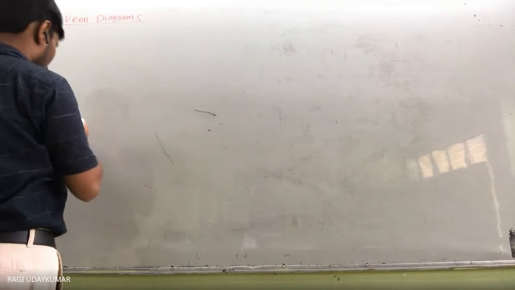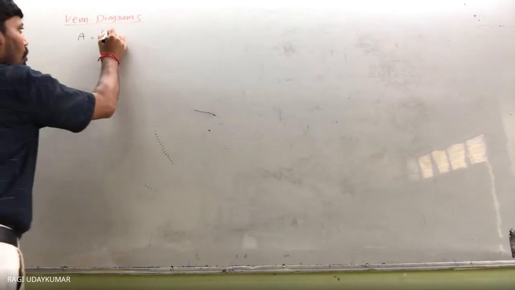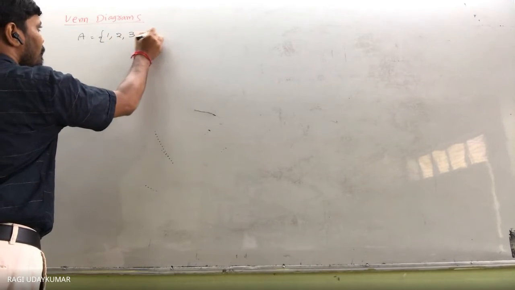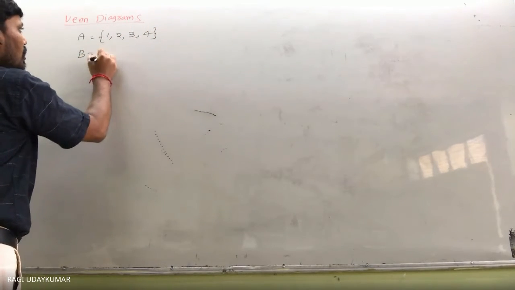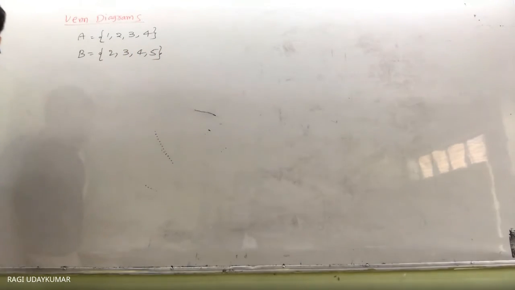Suppose you want to draw the Venn diagram of one situation, let us take one example. Set A is equal to 1, 2, 3, 4, and set B is equal to 2, 3, 4, 5, like this.